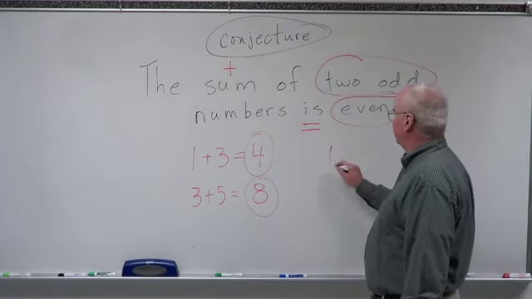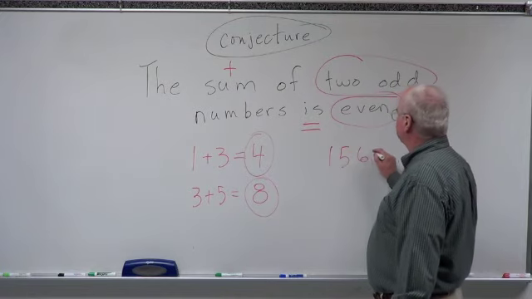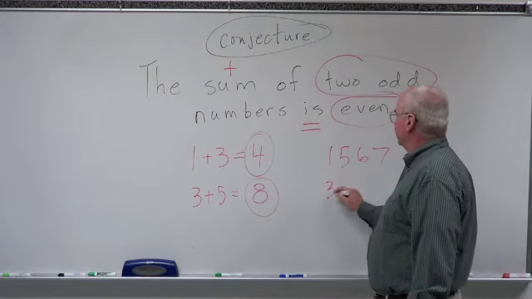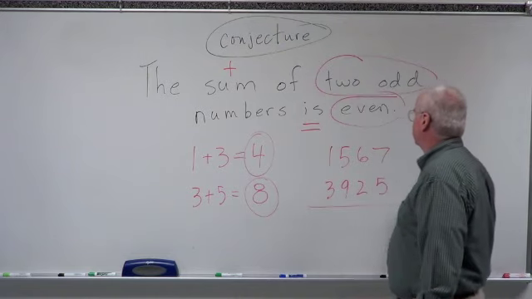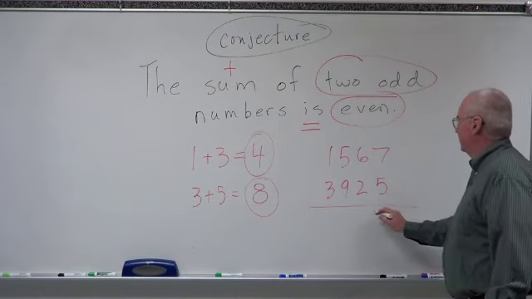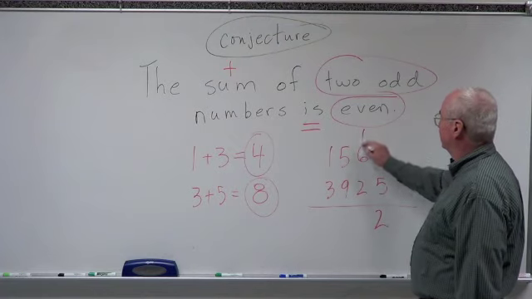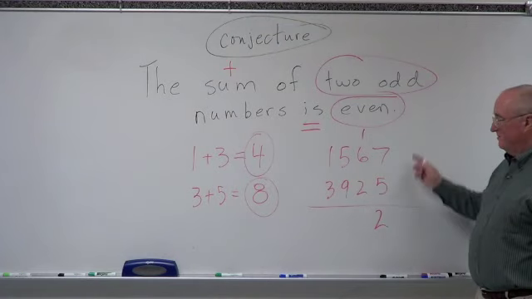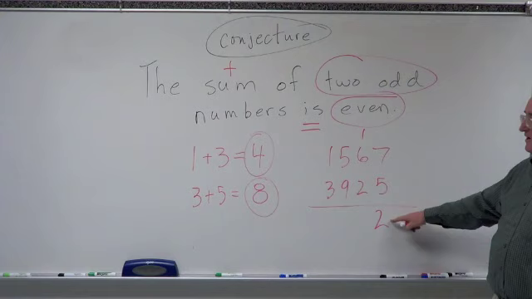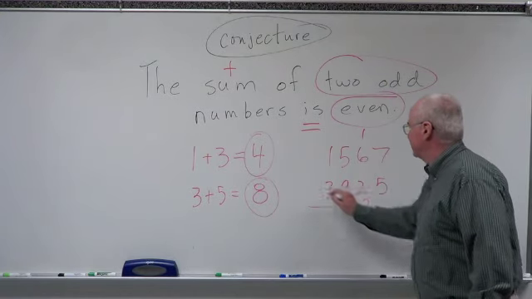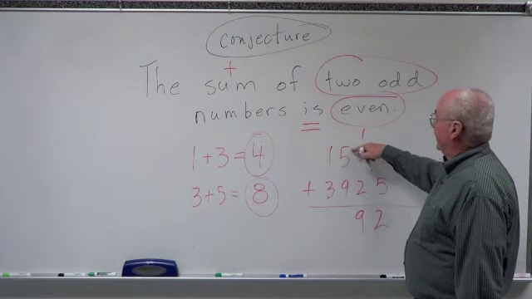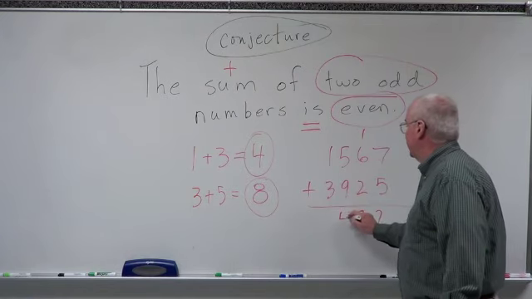Well, let's try this. 15 plus 37 is 52, 39 plus 25. Oh, that's going to be a 2. Do we have to do anything else? That's going to be an even number, isn't it? Let's go on. 5 and 9 is 14.